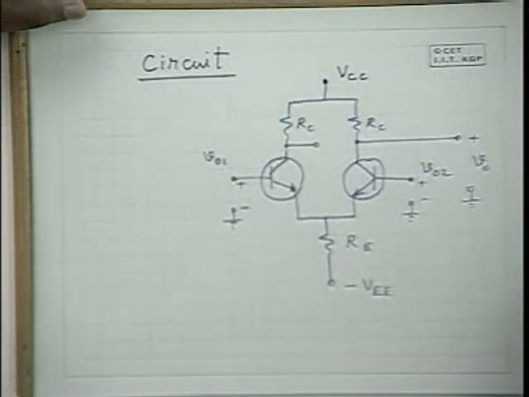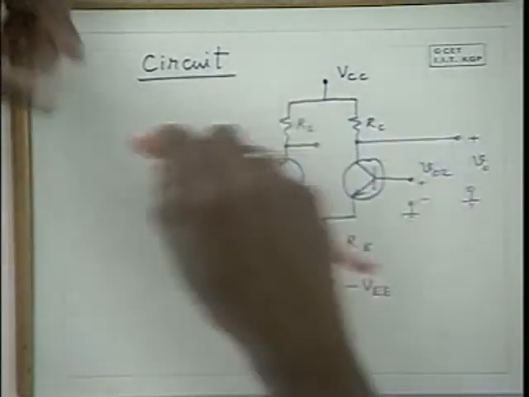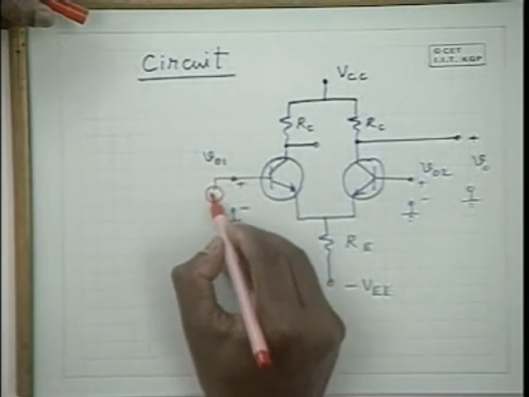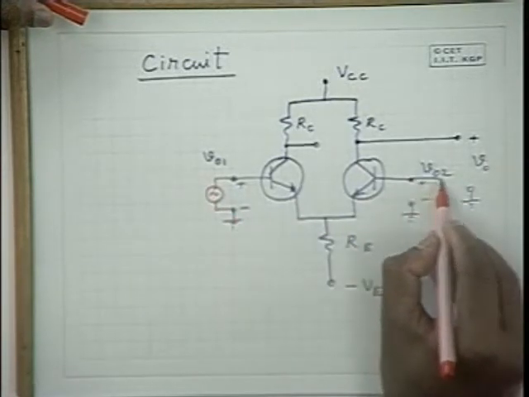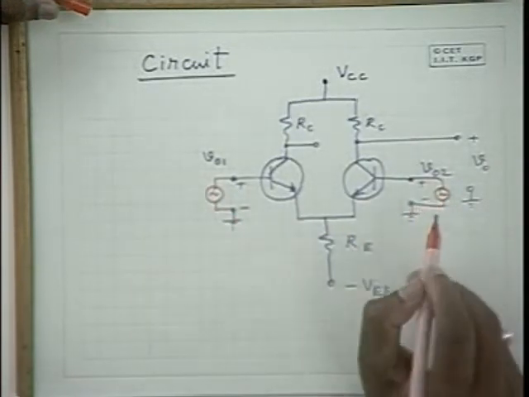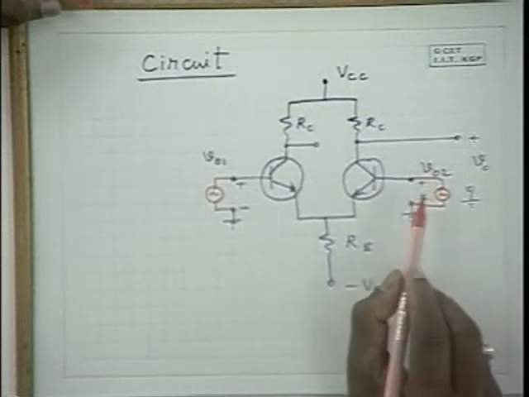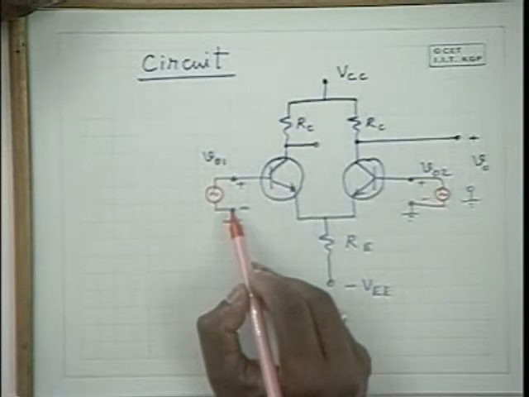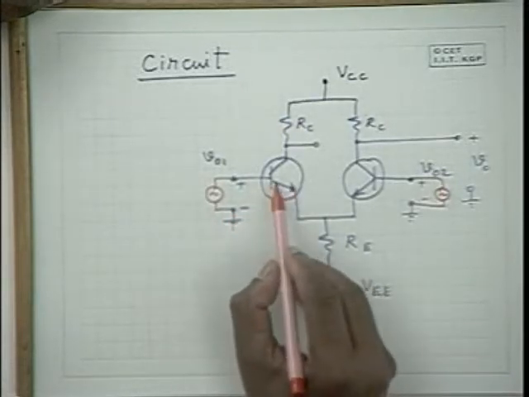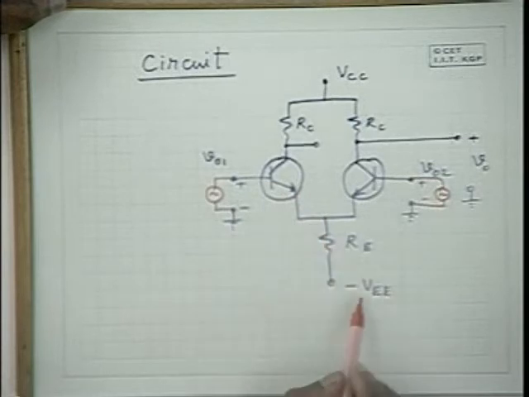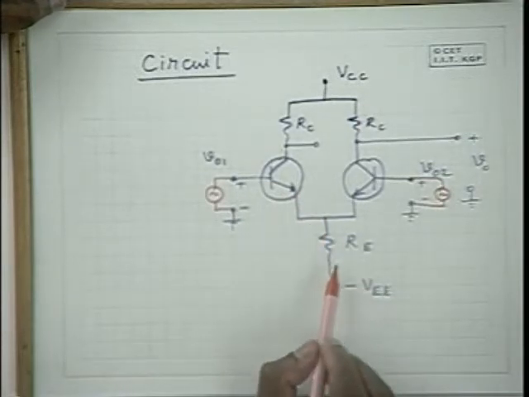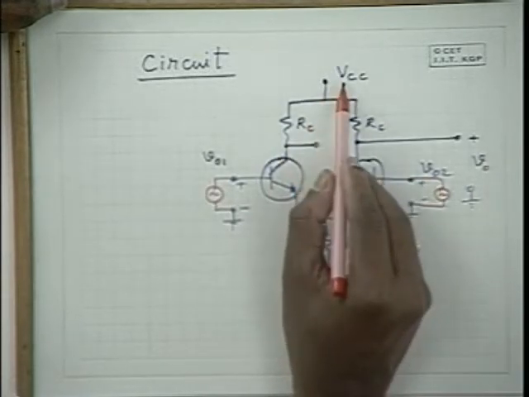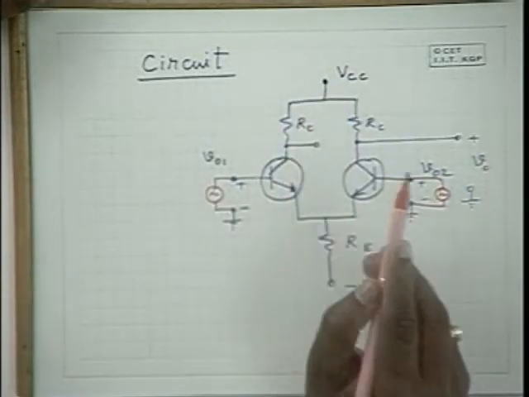Now we apply input alternating signals over here and over here. In the absence of an alternating signal, the base is connected to the ground and the emitters are connected to a negative supply through RE, and the collector is connected to a positive supply through RC.